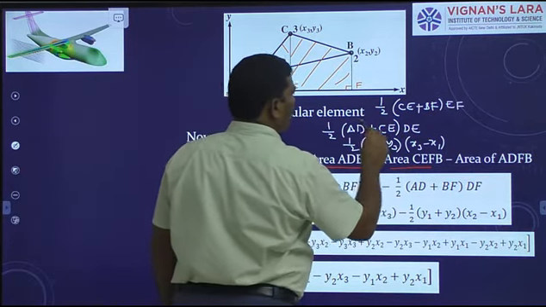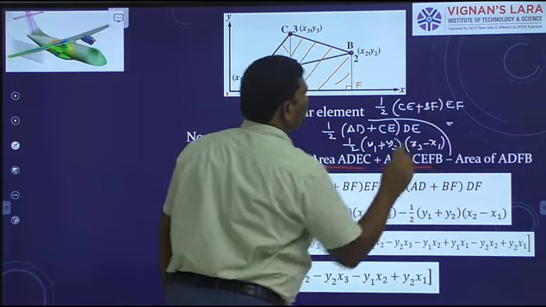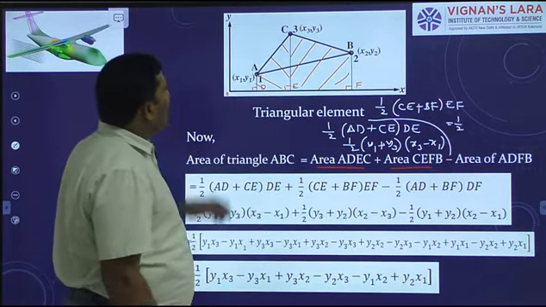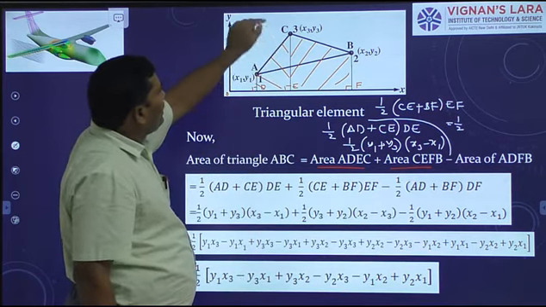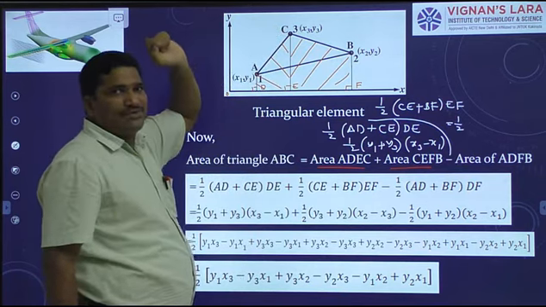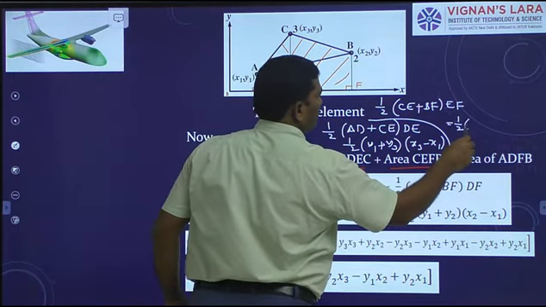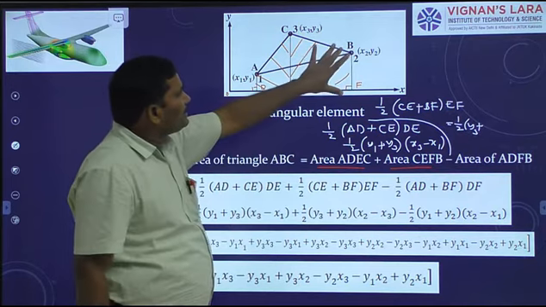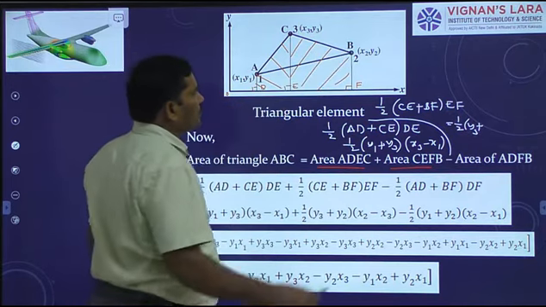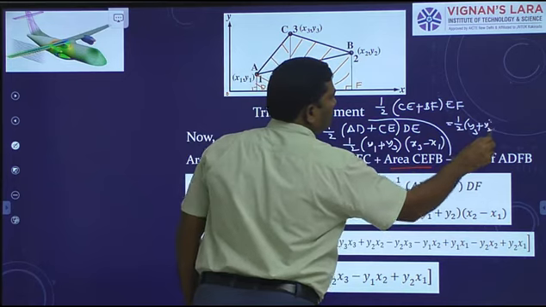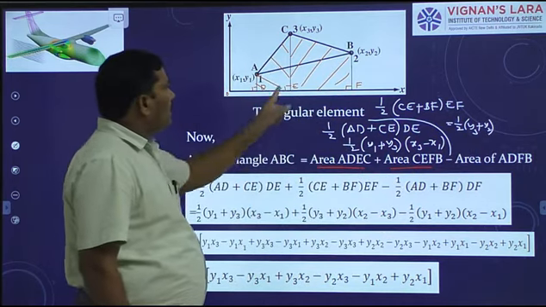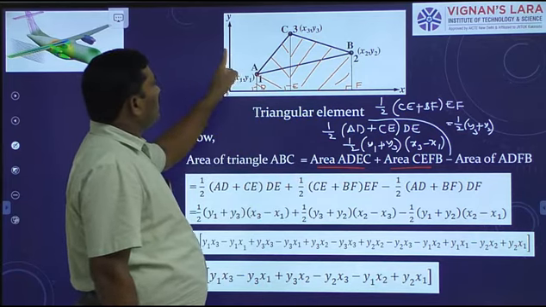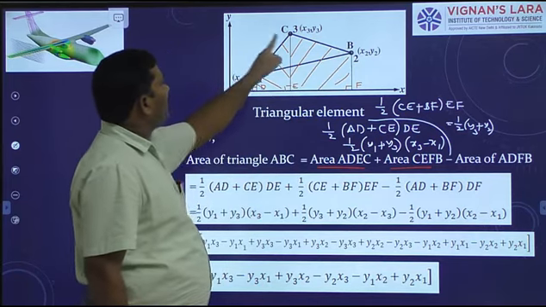Okay, therefore, which equals half into, what is CE? CE is simply the y coordinate of node 3, that is y3, plus what is BF? It is simply the y coordinate of node 2, therefore y2, into EF. How do you get EF? EF equals x2 minus x3.